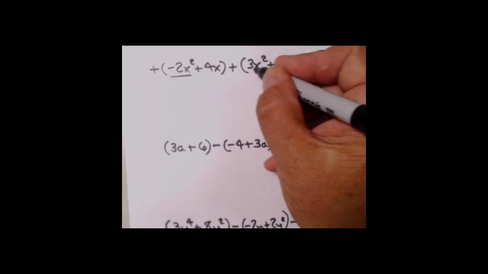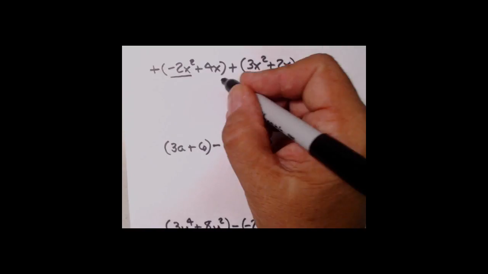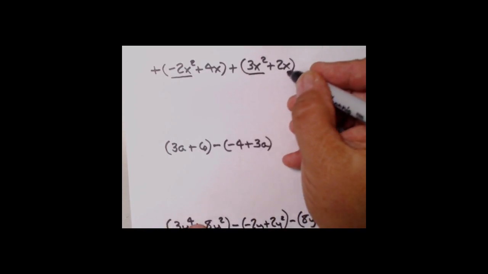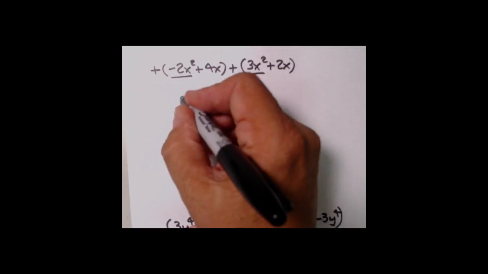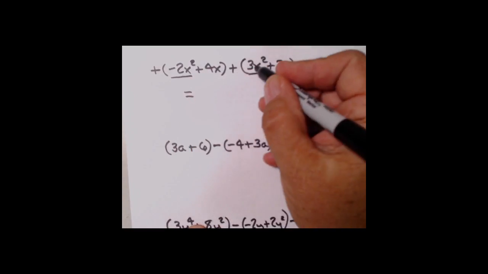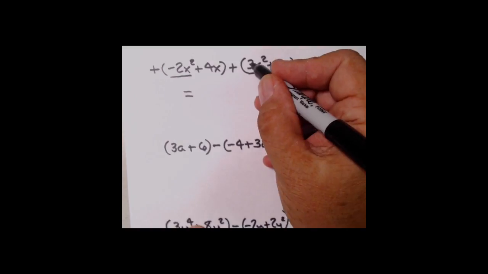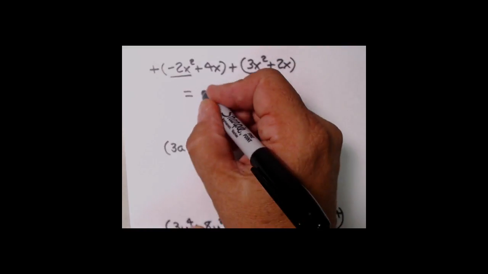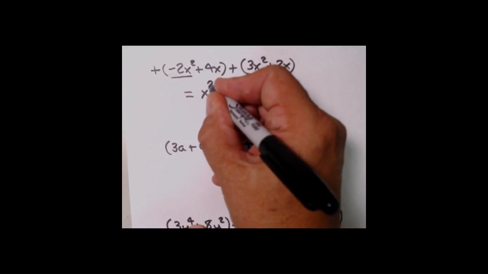Here are going to be the x squared terms, and the ones I've underlined here are the x to the first power terms. Okay, well, let's see what we've got here. Negative 2x squared plus 3x squared. Positive wins just by 1, so I could write plus 1x squared, or just simply x squared.